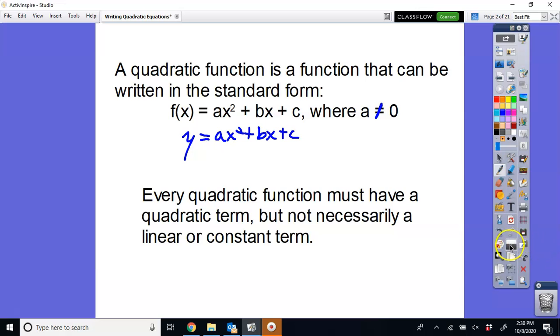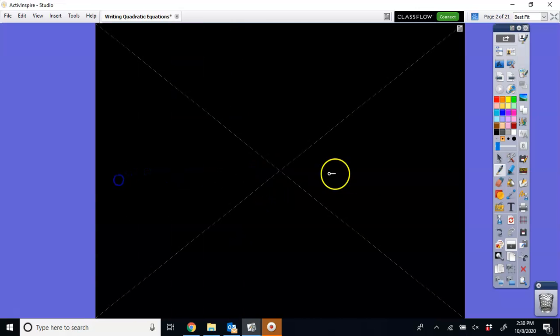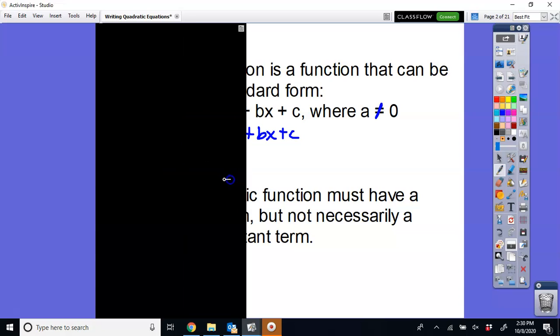The key thing that I'm trying to tell you there is that a function to be a quadratic has to have an x squared term. A lot of times some textbooks will call this the quadratic term. Notice that if it doesn't have the quadratic term, it is bx plus c, which should remind you of the mx plus b format for a slope-intercept form of a line.